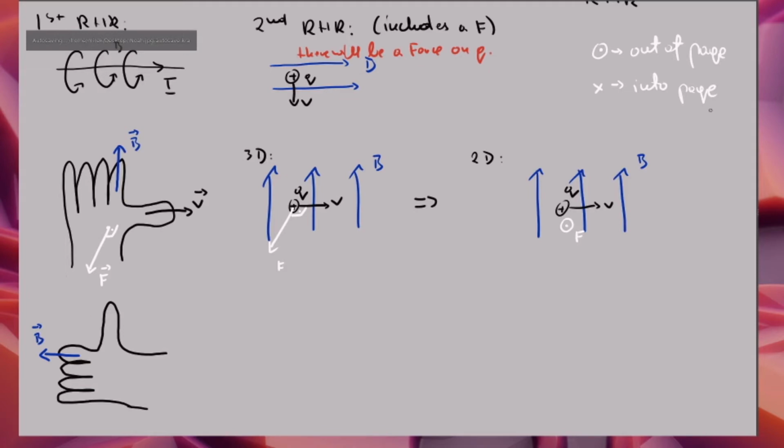You straighten out your thumb, and you make the thumb point in the direction of the velocity of charge Q, and then you can determine the direction of the force by drawing a vector that comes out of the palm of your hand, the direction that is perpendicular to the palm.